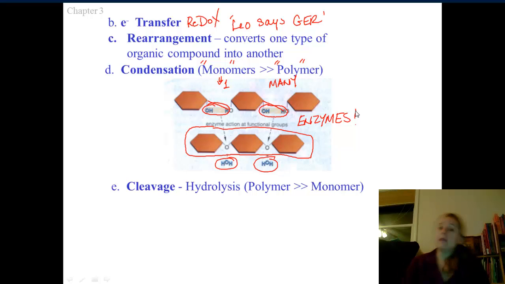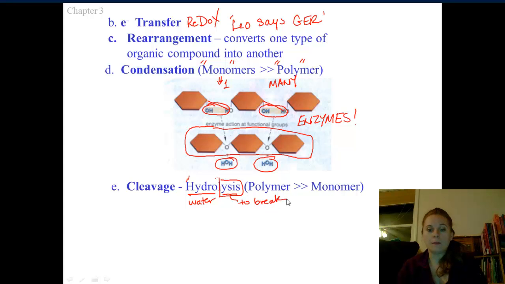Conversely, if I want to break a large molecule down into its building blocks, we call that cleavage or hydrolysis. You're going to hear these word roots very often. Hydro, we've already become familiar with. We know that means water. Hydrophilic, hydrophobic. Lysis may be new to you. And the term lysis means to break or to split apart.